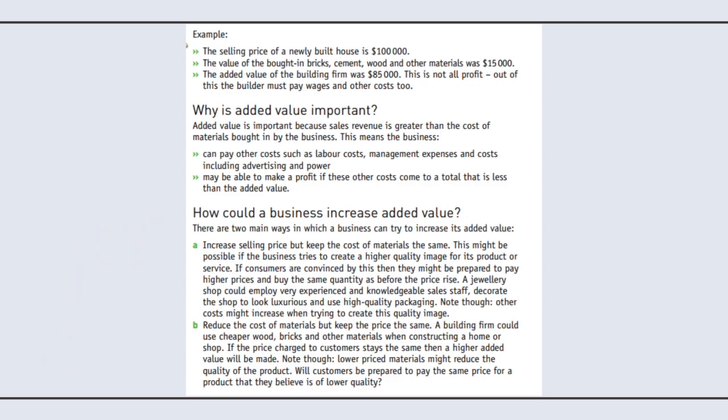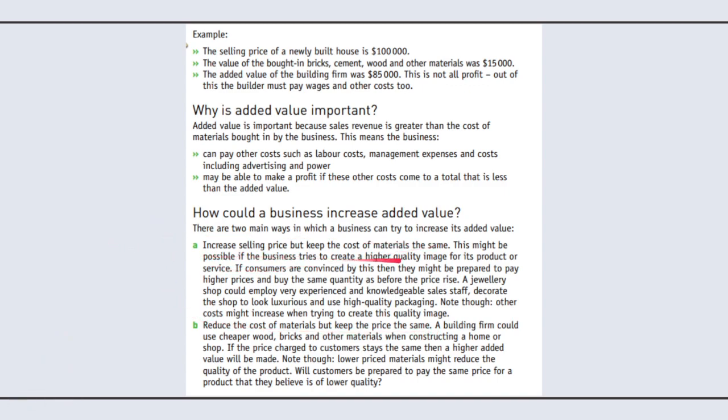They may be able to make a profit if these other costs come to a total that is less than the added value. So how could a business increase added value? There are two main ways in which a business can try to increase its added value. To sum this up, they either increase the selling price but keep the cost of materials the same, or reduce the cost of materials but keep the price the same.